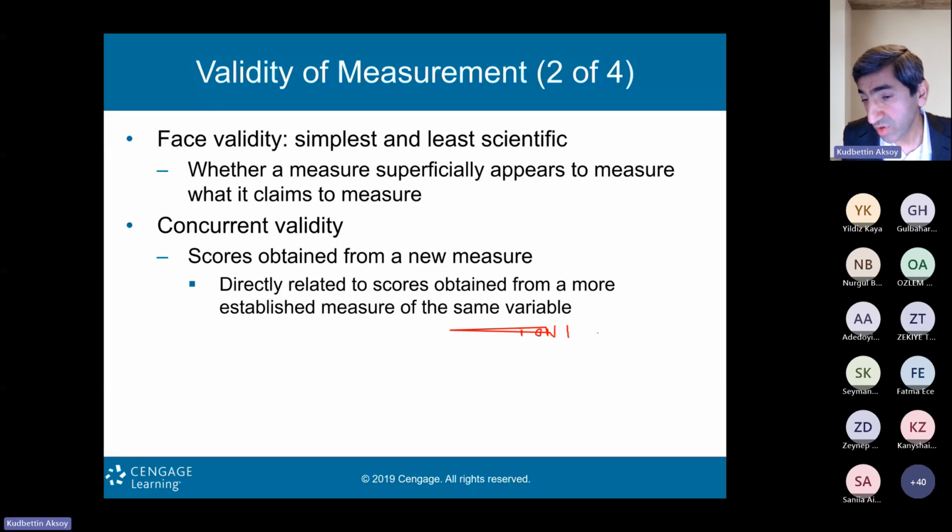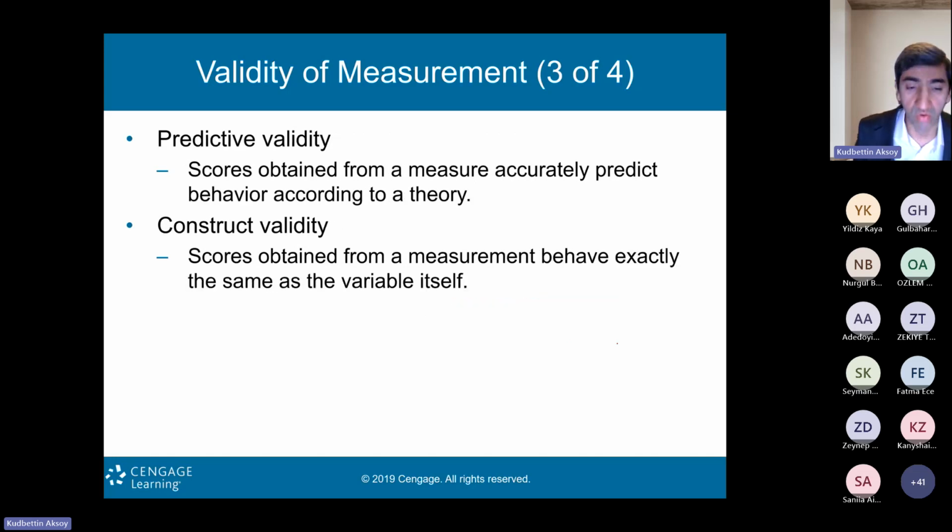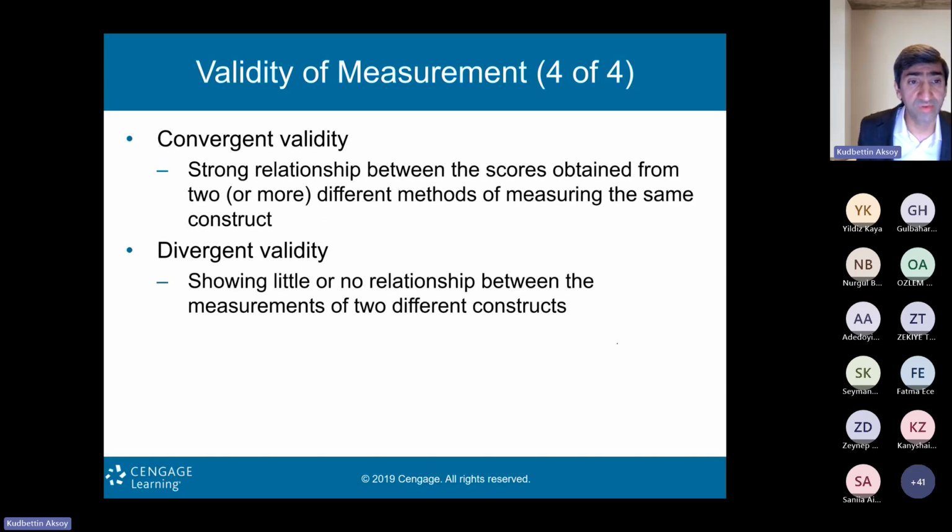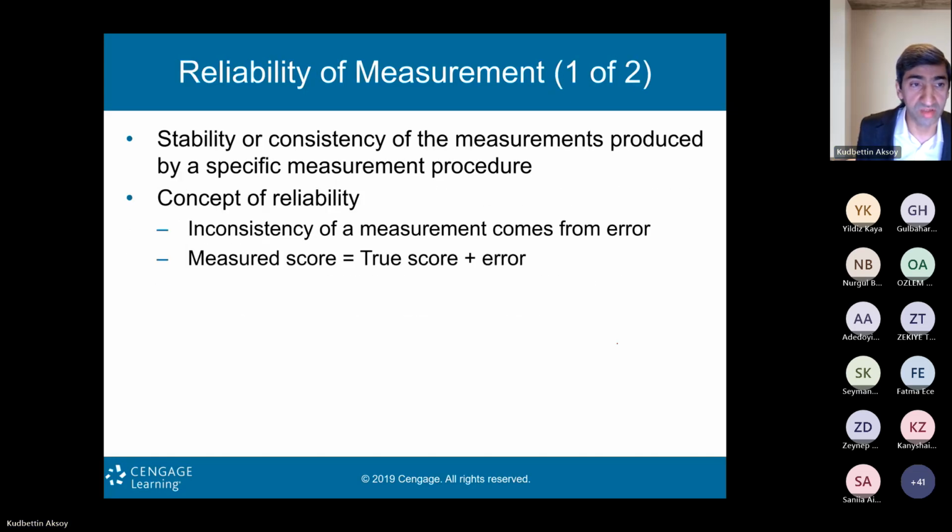Then, if you have access to these students' Wechsler IQ test scores, you can compare, and see what kind of relation, if any, exists between them. Then you can make a judgment. Predictive validity and construct validity are also part of validity. Read more about them.